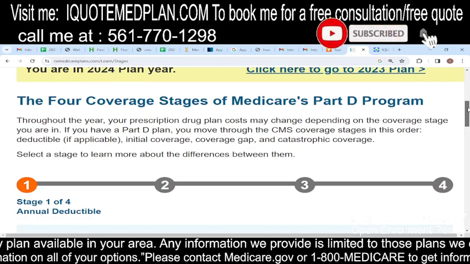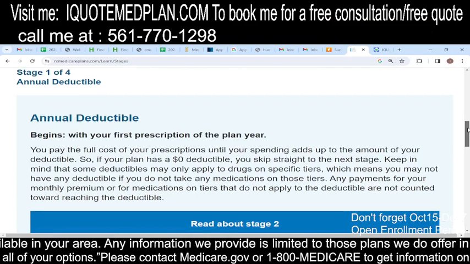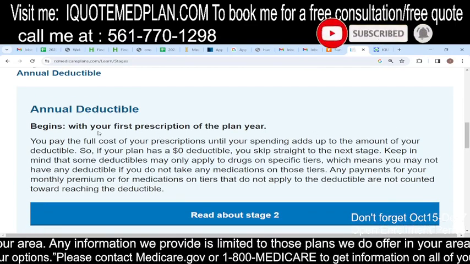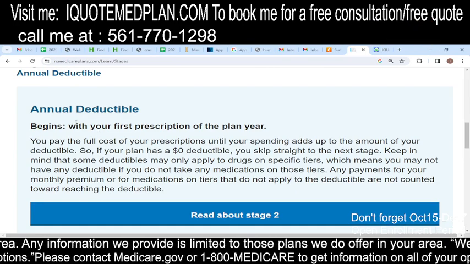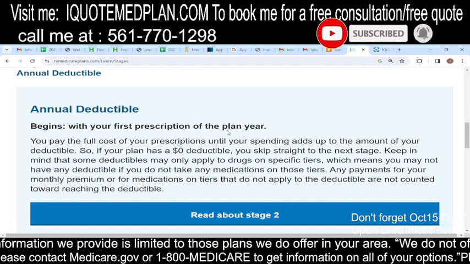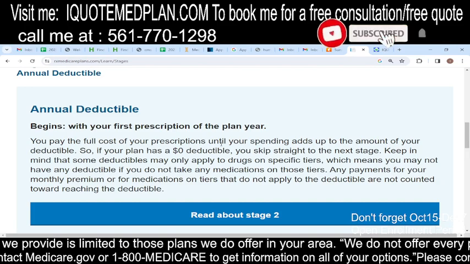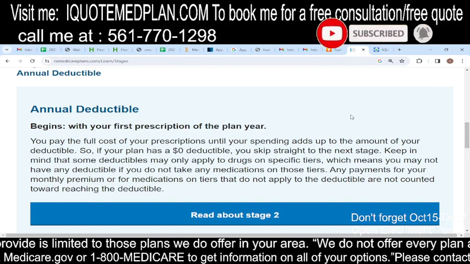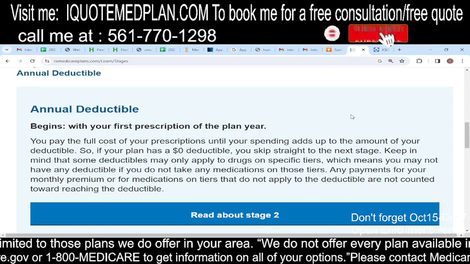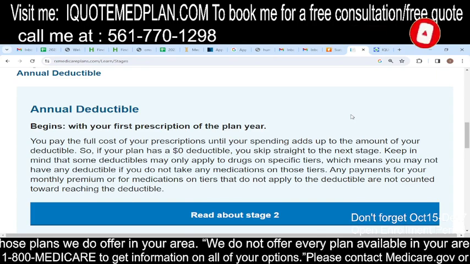So the four coverage stages of the Medicare Part D program. The first stage, I'm going to basically go over this word for word with you. The annual deductible begins with your first prescription of the plan year. You pay the full cost of your prescription until your spending adds up to the amount of your deductible. If your plan has a $0 deductible, you skip straight to the next stage.